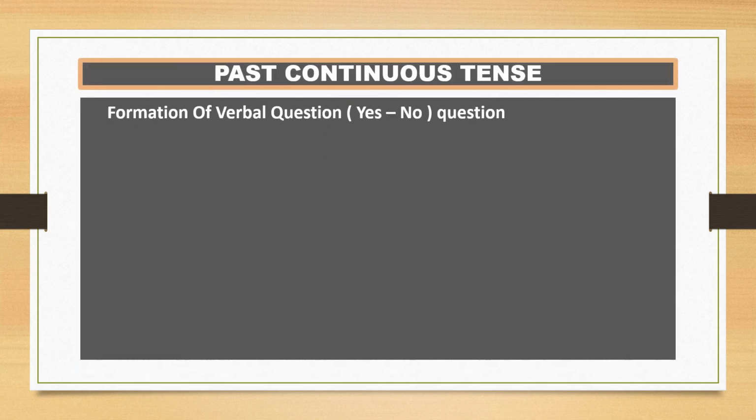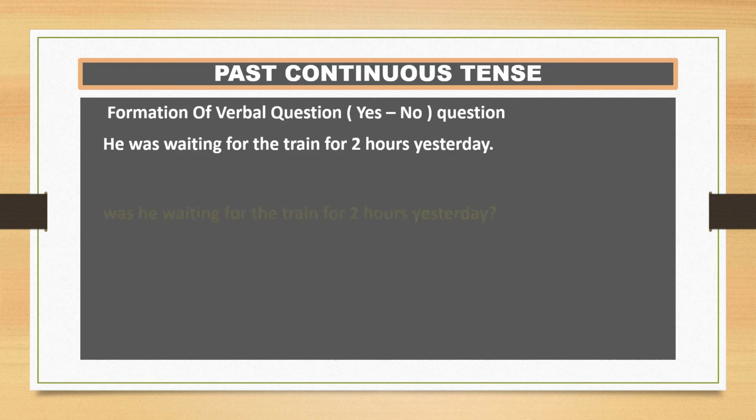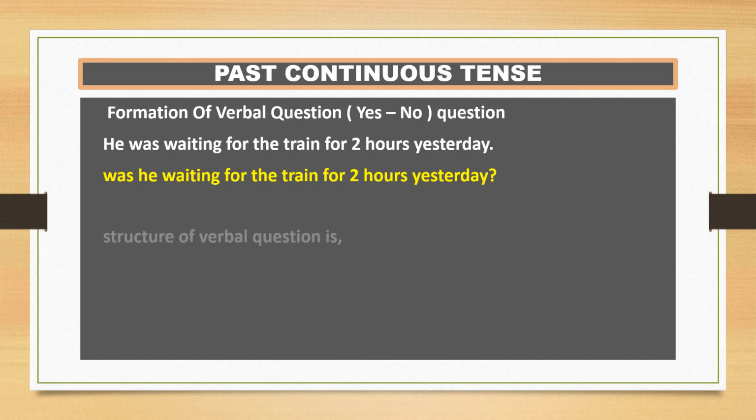Now let's see how to form a verbal question in past continuous tense. A verbal question means yes-no question. For example, he was waiting for the train for 2 hours yesterday. So the question is, was he waiting for the train for 2 hours yesterday?